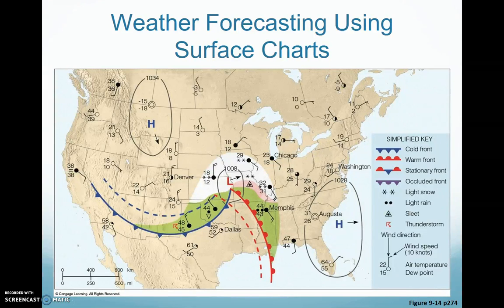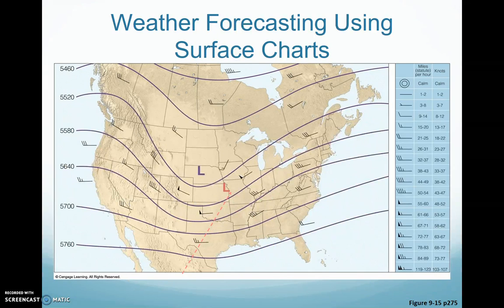Now, we know what type of weather we can expect with each of the two different fronts based on the information from Chapter 8 on fronts. Now what we need to determine is where this low pressure system and the fronts are moving to, and how quickly.